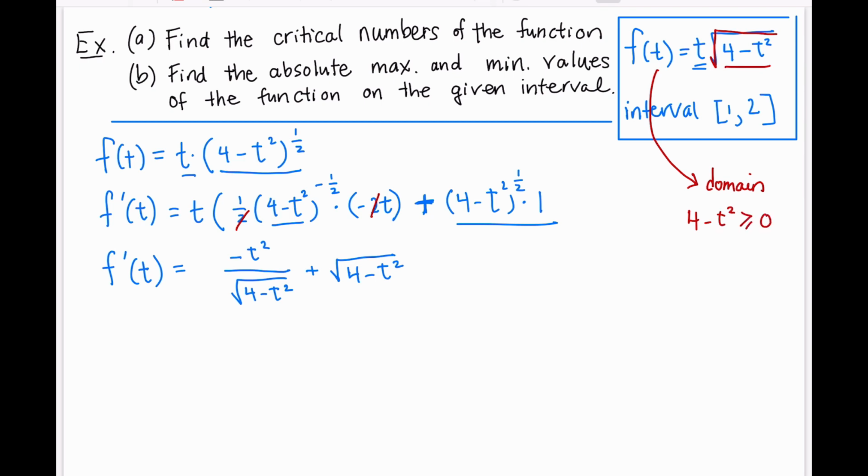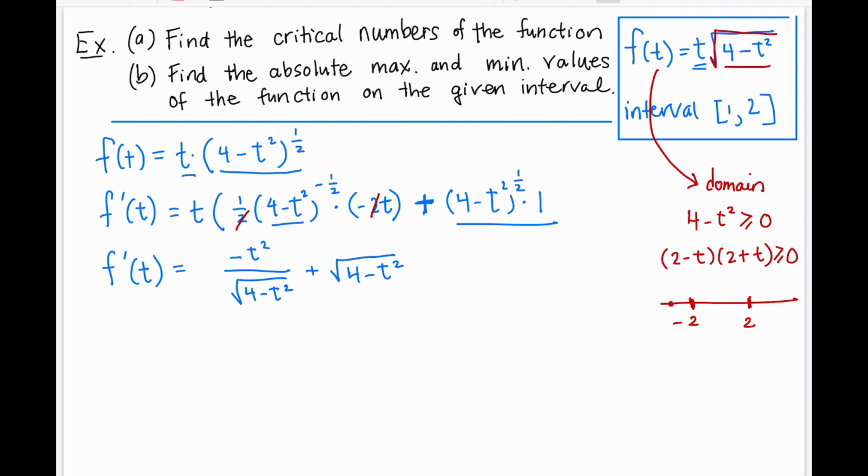In order to solve this inequality, it's called a quadratic inequality. We first figure out where it's equal to 0, and that happens at 2 and at negative 2. And then we just test the values in between. We pick a number in the 3 intervals and we test that number.